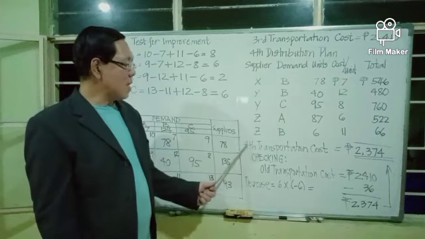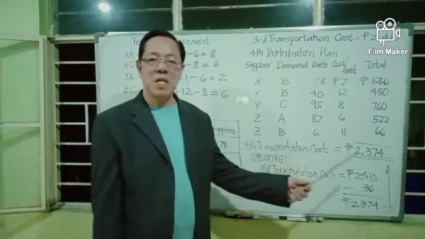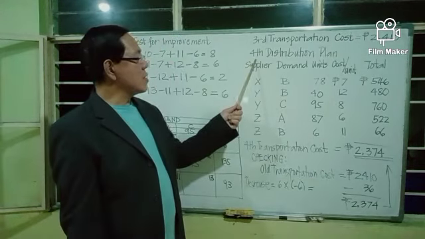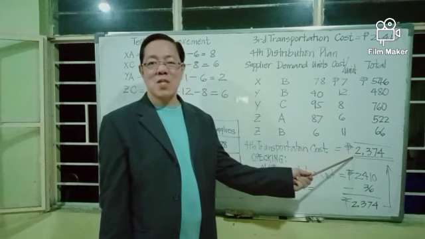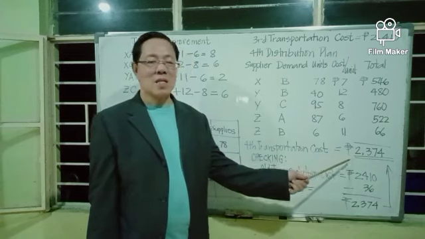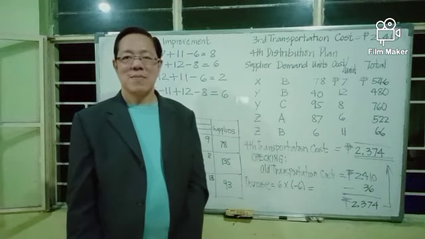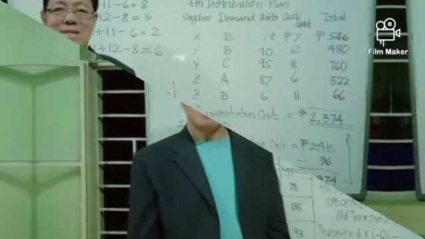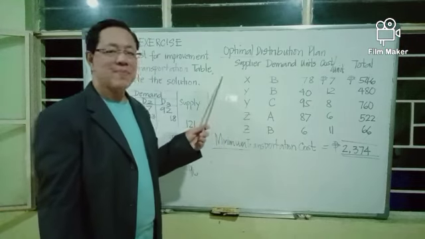And this will be the minimum total transportation cost. And the fourth distribution plan from which this minimum total transportation cost was obtained will be called the optimal distribution plan. This is the optimal distribution plan.